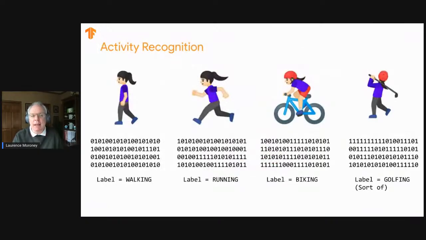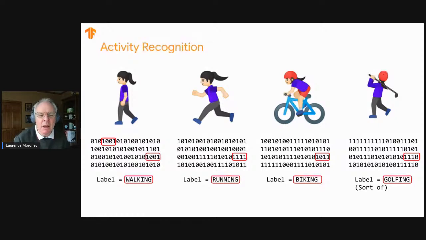That might look a little bit like this: I get a lot of people to go walking, running, biking, and playing golf, and I gather data from all of the sensors on the device, like the heart rate, the telemetry, the speed, all of these kinds of things. And I start spotting patterns. For example, if this pattern is in the data, the person is always walking. If this pattern is in the data, like the 4 ones here, then they're running. If that pattern's in the data, they're biking. And if that pattern's in the data, they're always golfing.